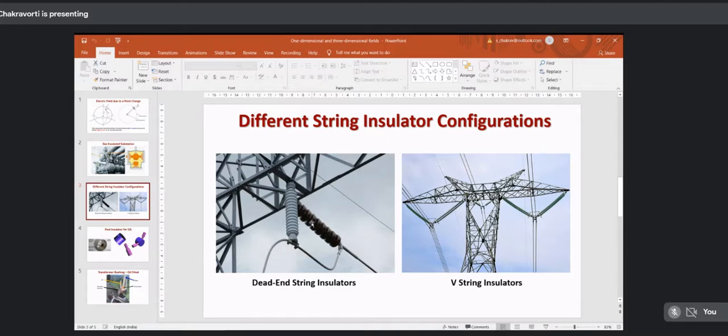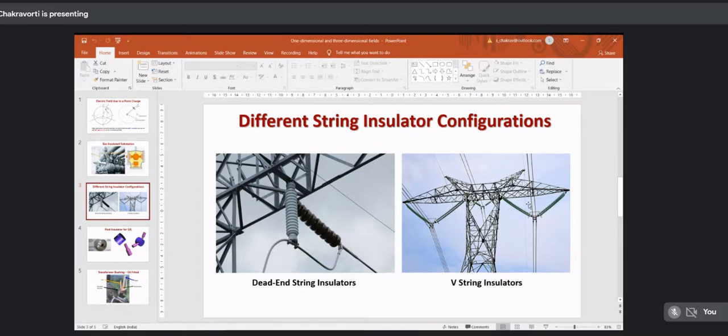So I have to go for three-dimensional field calculation. Similarly, this V string, if you look at it, just a string insulator is, of course, rotationally symmetric. But if I look at the V string, then it is no longer rotationally symmetric, no longer two-dimensional. So it becomes a three-dimensional field computation.